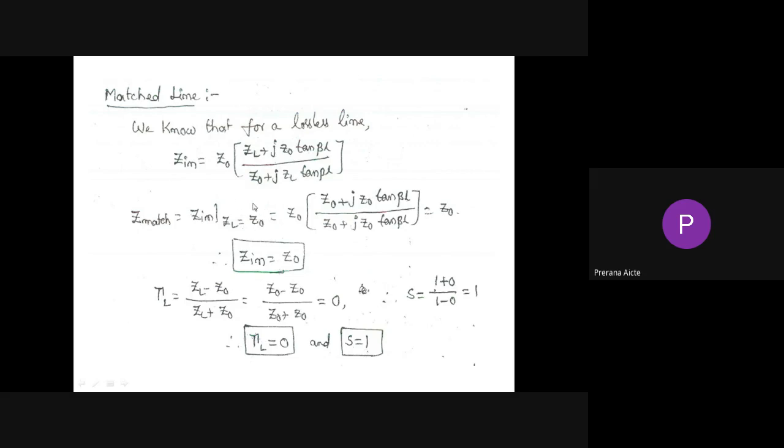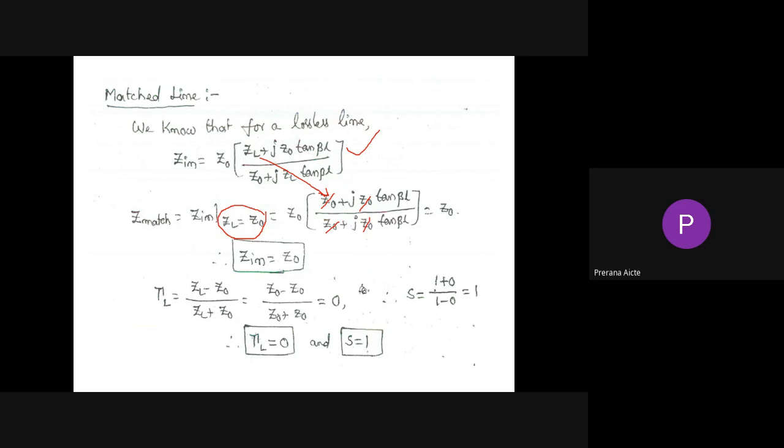Now you can substitute this condition in the above expression. So Z of L is equal to Z naught, plus j Z naught tan beta L divided by Z naught plus j Z naught tan beta L. Now you can take Z naught common, then Z naught cancels.